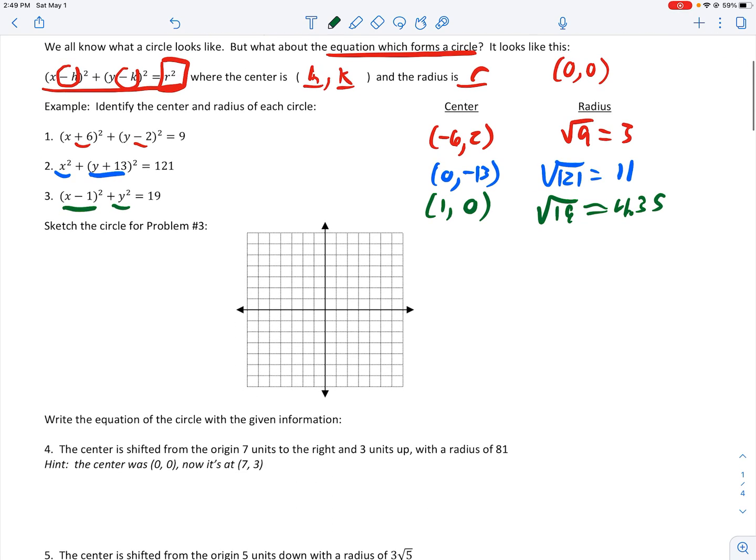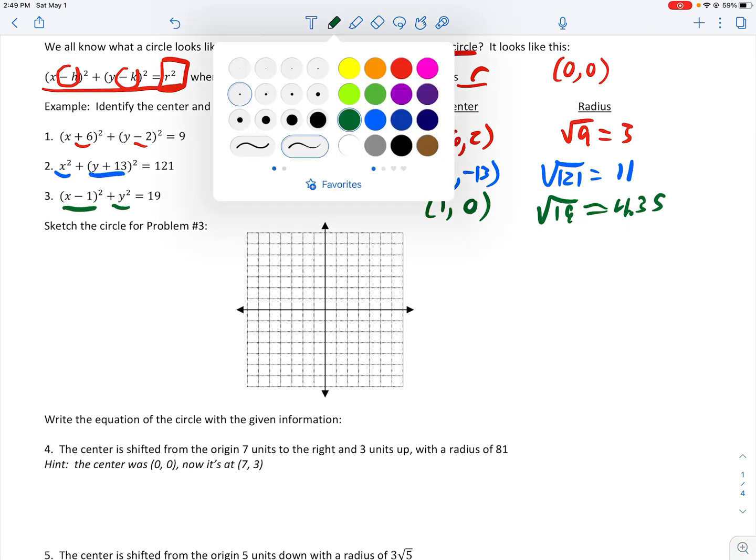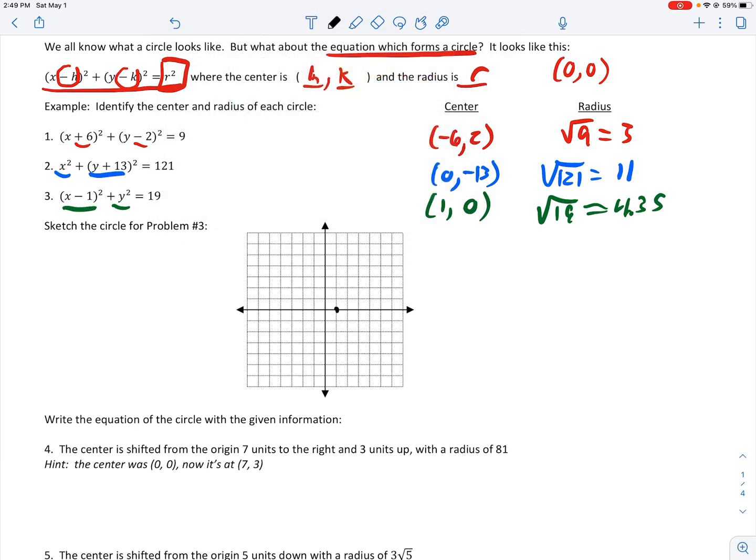So to sketch the circle, first you plot the center, which in our case is (1, 0). And then to sketch the graph, for me the easiest way is to go right, left, up, down, whatever the radius is, and then connect those 4 dots with a curve. So 1, 2, 3, 4, just past 4, and then up 1, 2, 3, 4, just past it because we're at 4.35, and then left 1, 2, 3, 4, and then down 1, 2, 3, 4.